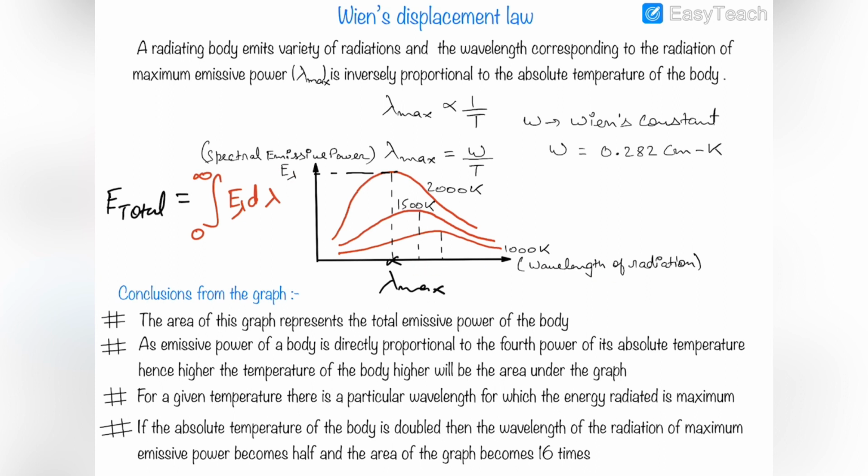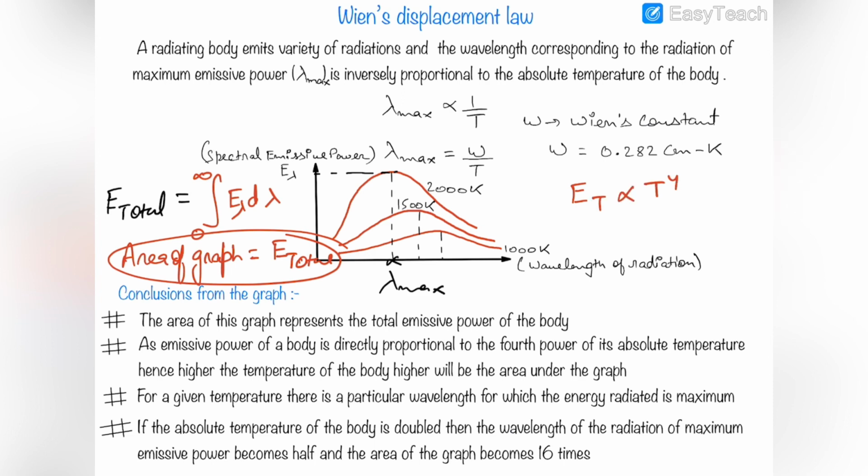So the area of this graph will give us the total emissive power E. And we also know that the total emissive power is directly proportional to the fourth power of the absolute temperature of the body, because we know the formula that E total is equal to sigma T to the power 4.